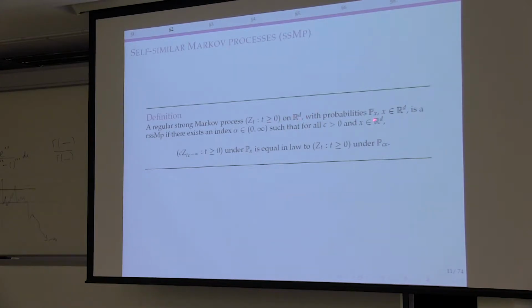On R^d, probabilities P_x. What's its defining property apart from being Markovian? It scales in the way that we've seen before, for any alpha positive. So a self-similar Markov process is regular strong Markovian, and it scales in the way that a stable process scales. So it doesn't have to be a stable process because I've dropped the requirement of being a Levy process.